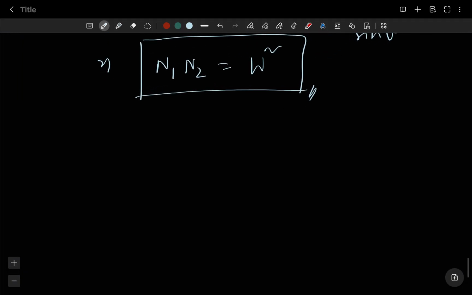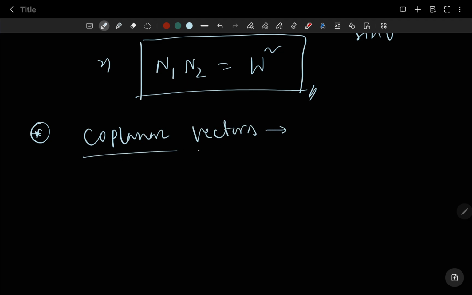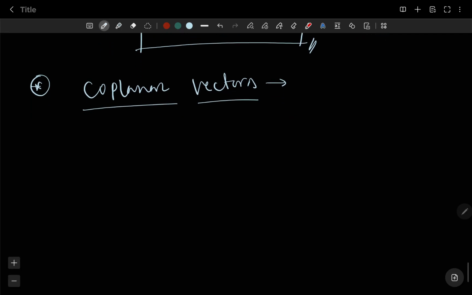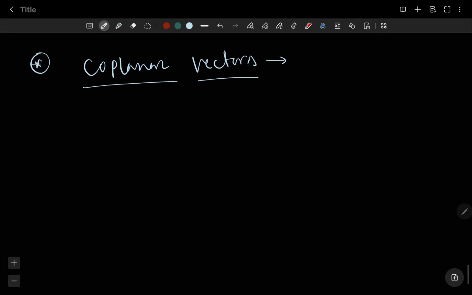Okay, now let us discuss one thing, coplanar forces, coplanar vectors. Before discussing this, I want to discuss something else. Let me draw three vectors.